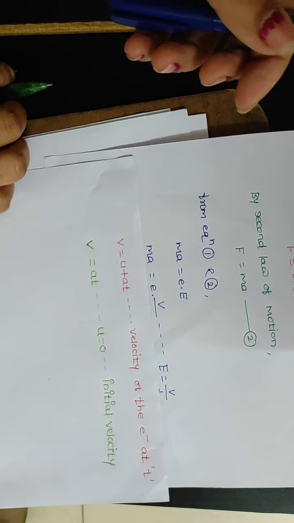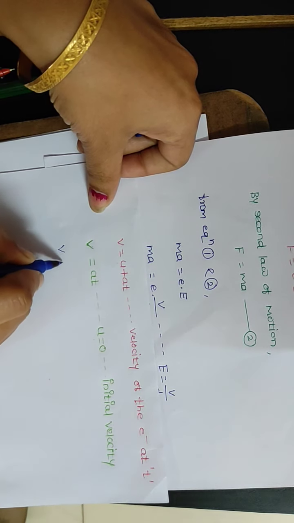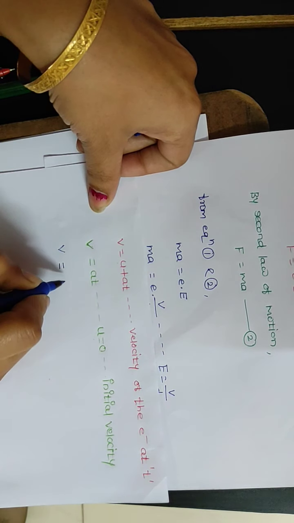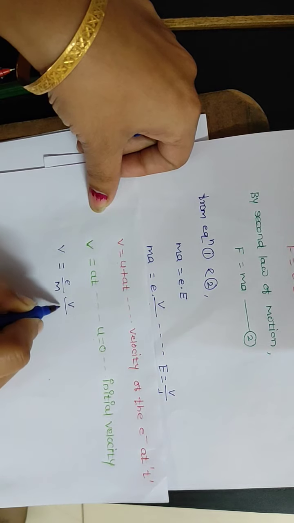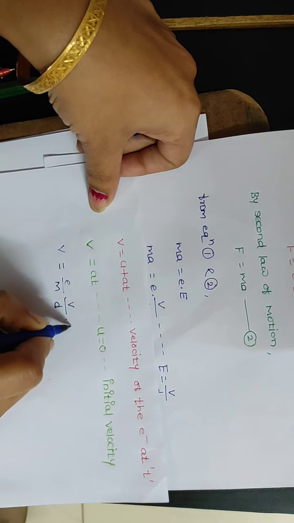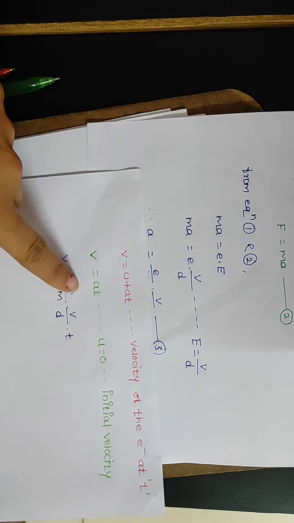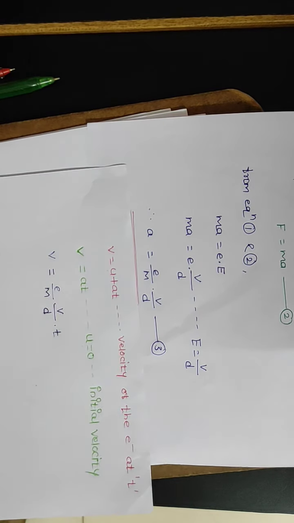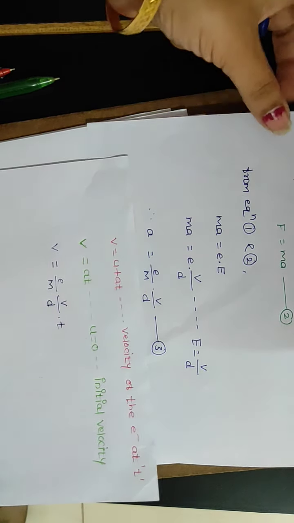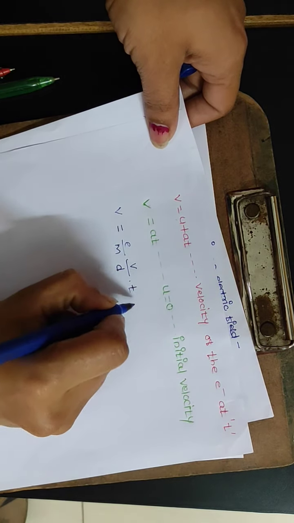So v is equal to e by m into V divided by d into t. Only the value of acceleration a is put in. This is equation number 4.